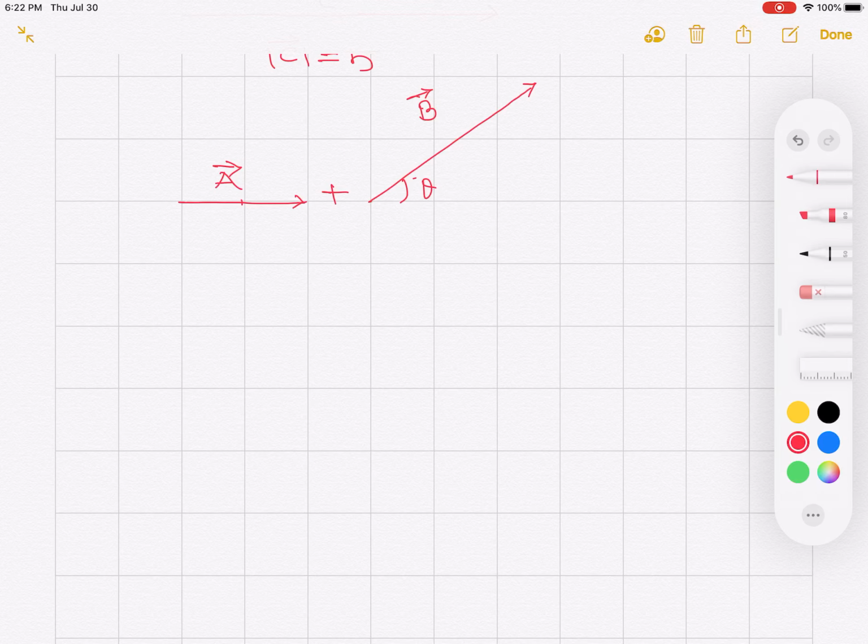So to add these two vectors, I will just copy this vector B, and put vector A starting from this point. Oh sorry, I cannot put the vector like this.